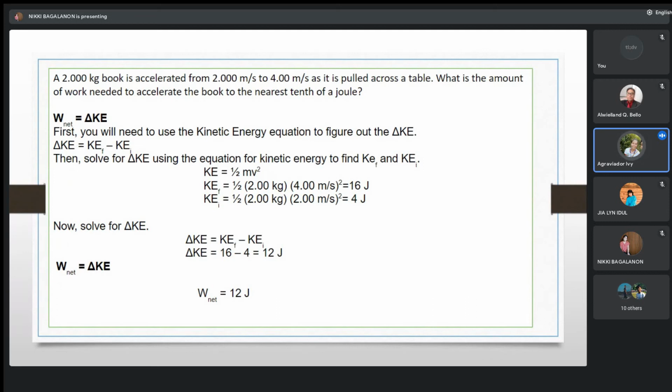Initial: one half times 2.0 kilograms times 2.0 meters per second squared equals 4 joules. The change in kinetic energy is 16 minus 4 equals 12 joules. This is the net work.